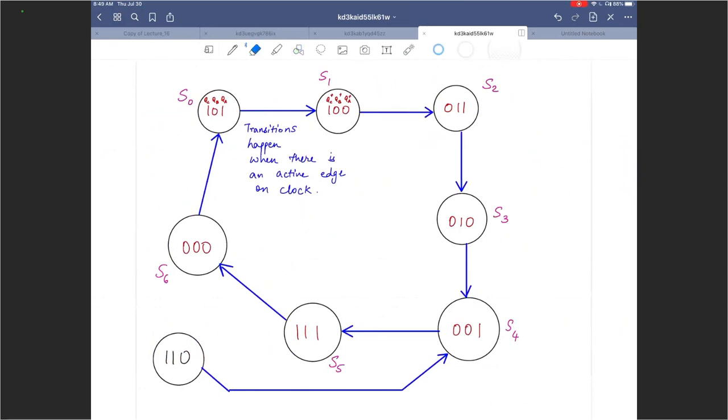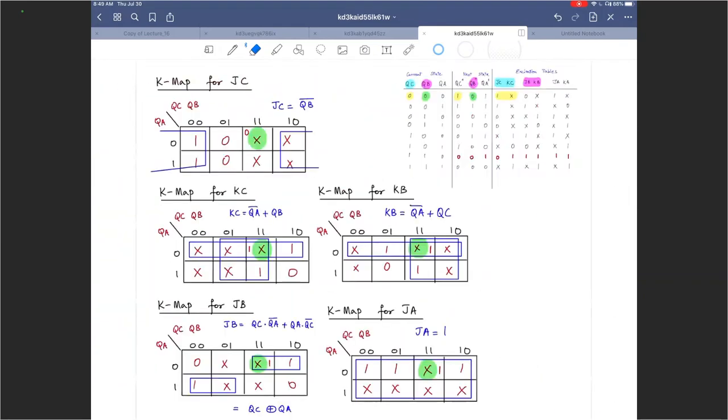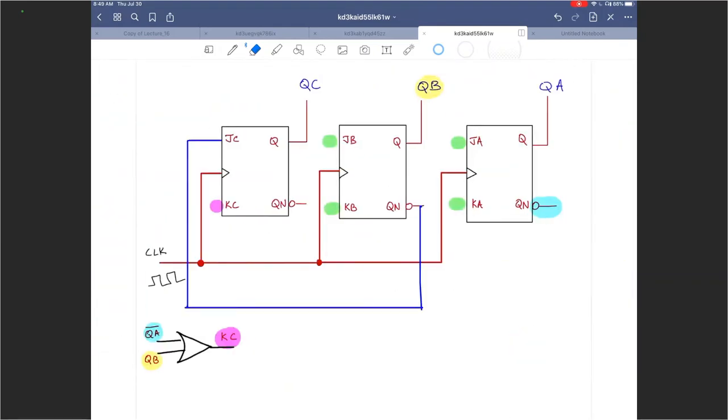Next question. Is it possible for me to design this 3-bit counter using 3 different types of flip-flops? Instead of using JK all the way, can I use a T flip-flop here, a D flip-flop there, and a JK flip-flop there?